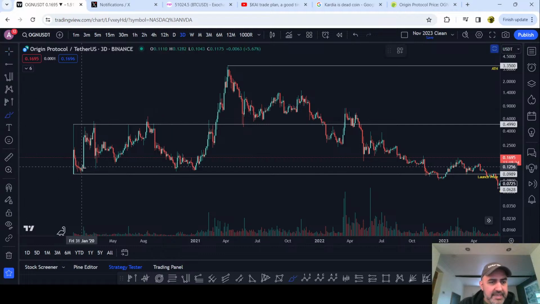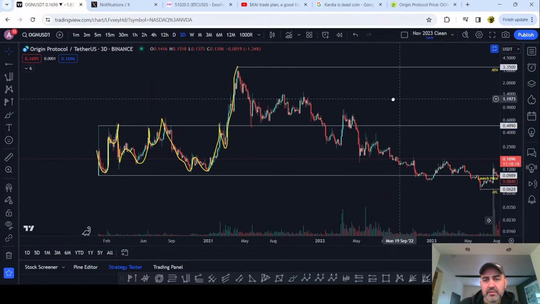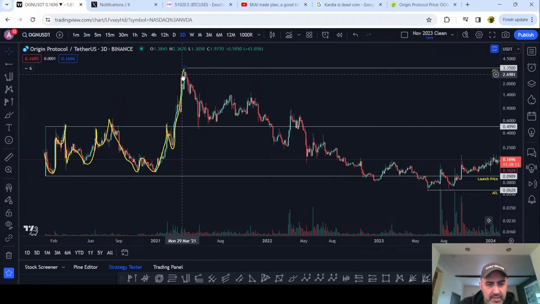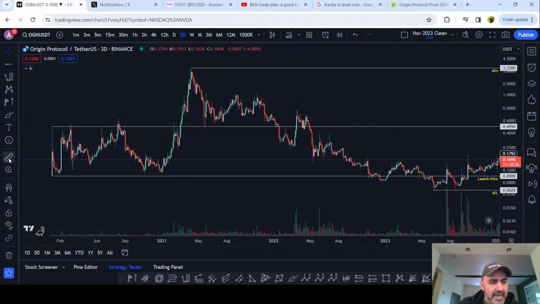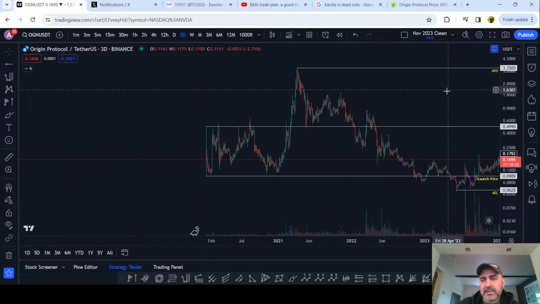And so what you can see is the price didn't make a new low, made a new high, made another new high, higher low, and then expanded to make an all-time high. That's what happened. It made an all-time high at the peak of alt season in the last bull market. And from the low to the high, you had a 28x.